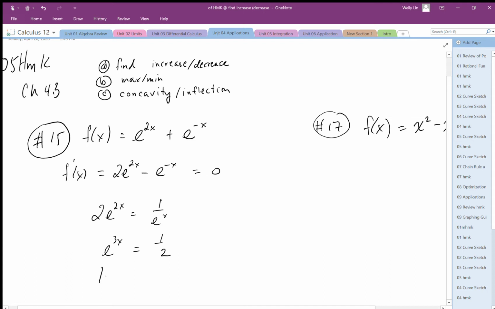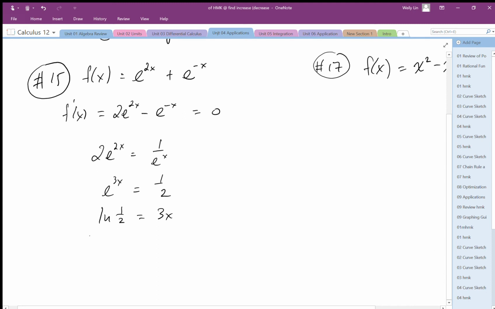So then I put it into the log form. Log 1/2 is equal to 3x. So x is equal to 1/3 log 1/2, or log of the cube root of 1/2.